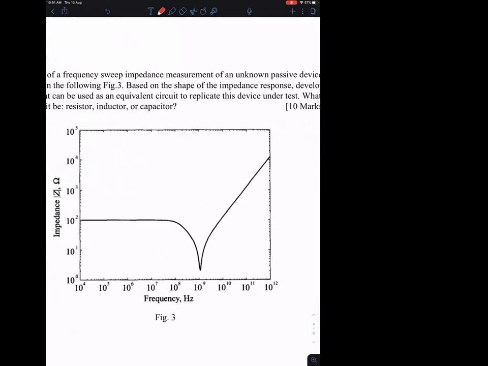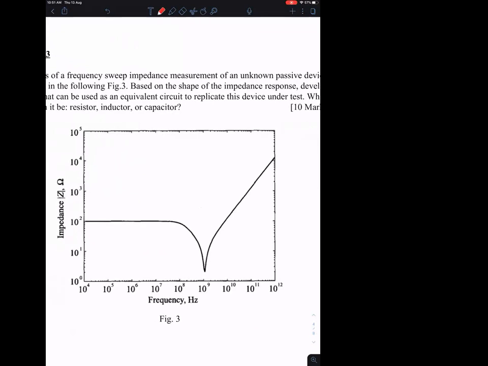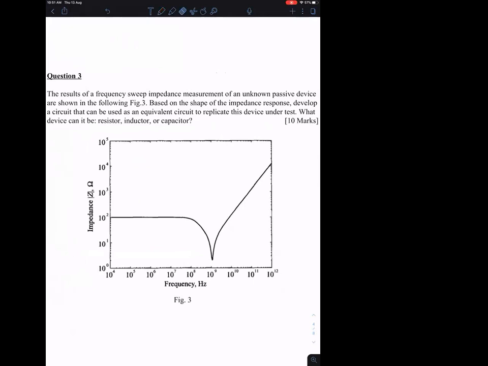Okay, this is an impedance response. This is the frequency on the horizontal axis. The vertical axis is the amplitude of the impedance.